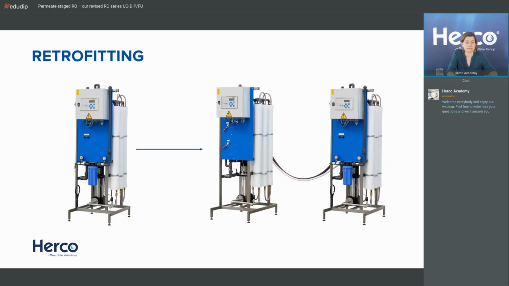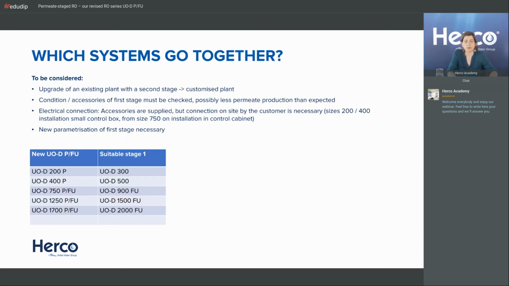Important for retrofitting. Now we want to look at how we take a UOD unit and make that into a permeate staged unit. We need to think about how we can combine the systems, and that's why I wanted to show you here which stages go together. So if you just order a new unit, UODP, no problem. You get both stages.